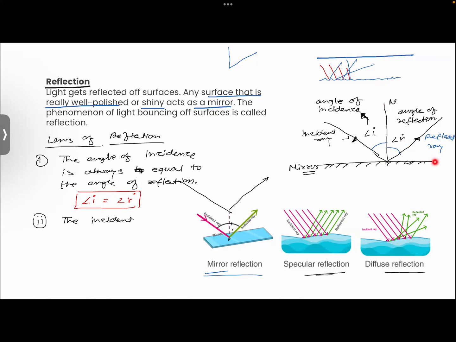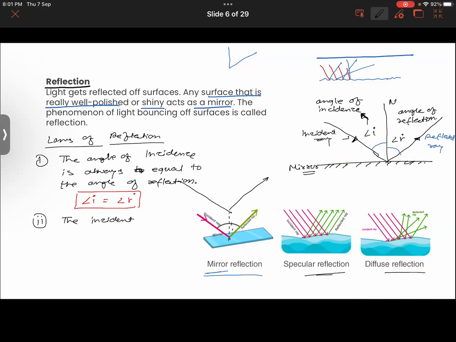All of them are lying in the same plane. Which plane? This is the plane, and all of them are lying on the same plane. Is it getting clear? For example, this is the surface of the mirror. The normal line is also here. It is also on the same plane. The incident ray is also on the same plane, and the reflected ray is also meeting at the same plane. This is your plane simply.